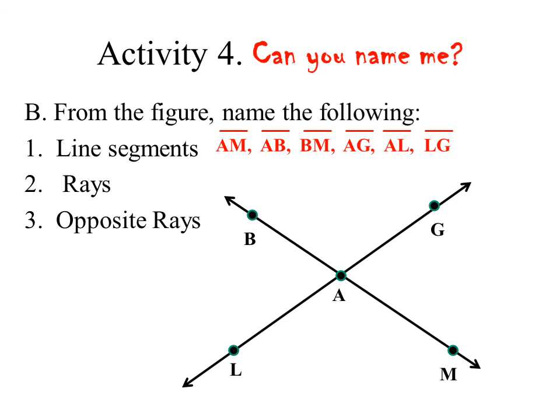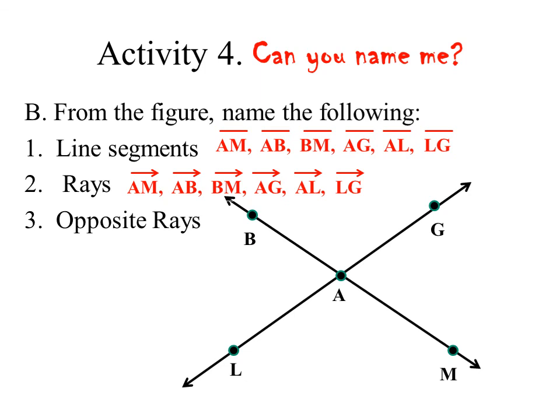Then line segment AG, line segment AL, and line segment LG or GL. For the rays, we have ray AM, ray AB, ray BM or ray MB, then ray AG, ray AL, ray LG or ray GL.